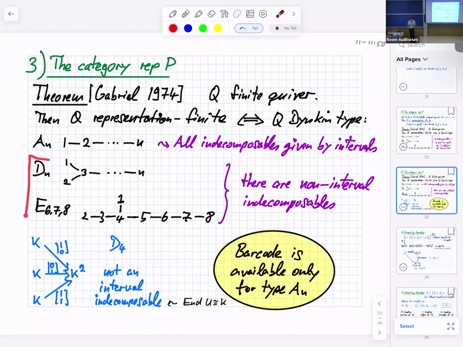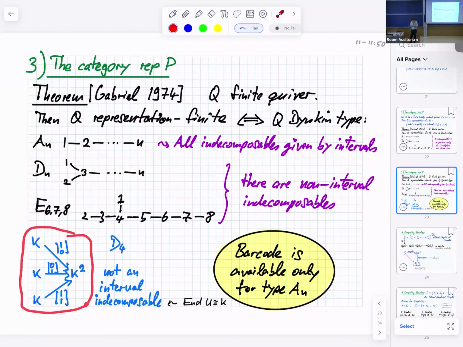For the other types, D and E, there's finitely many indecomposables, but they are not all given by intervals. So for instance, in type D4, which has vertices 1, 2, 3, 4, I give you an example here. There is an indecomposable module, this one here, which is not given by an interval.